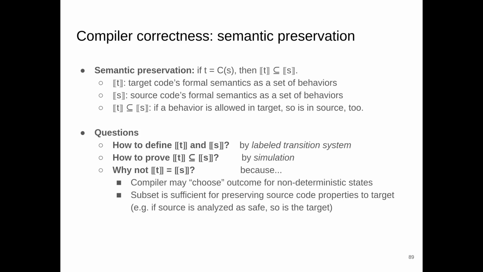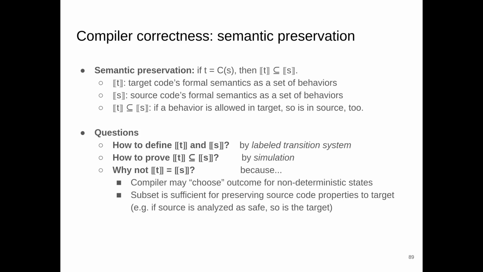The source is also a program, and let's say it non-deterministically chooses a string, and then it is going to print the string to the screen. Then its formal semantics has many behaviors: printing A, printing AB, printing 42, printing 663, etc. So as a result, a code's formal semantics should be represented as a set of behaviors.